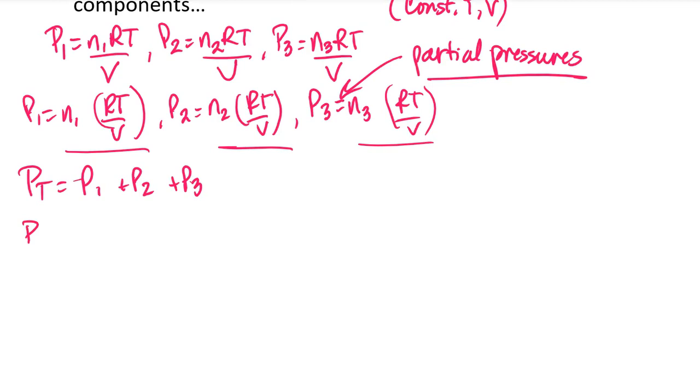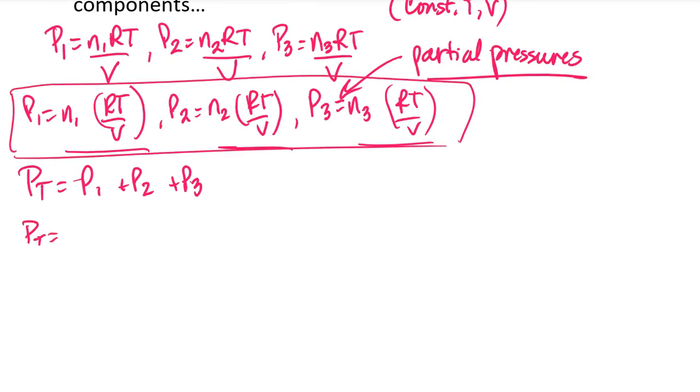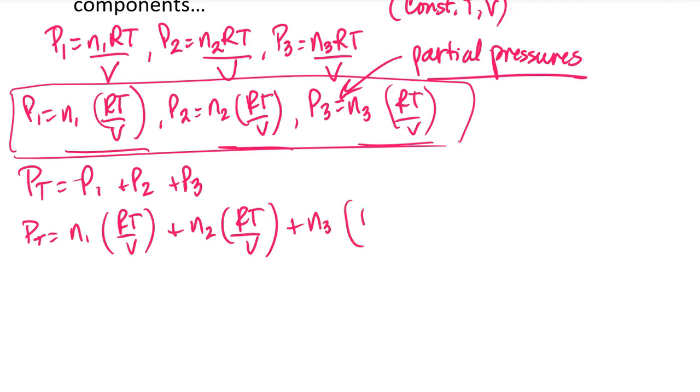And so I'm going to go ahead and incorporate these terms that I derived before. So that would be N1 times RT over V plus N2 times RT over V plus N3 times RT over V. Okay? Now notice, if I think back to my rules of algebra, this is a common constant term between all of the terms of the sum, so I could factor that out.